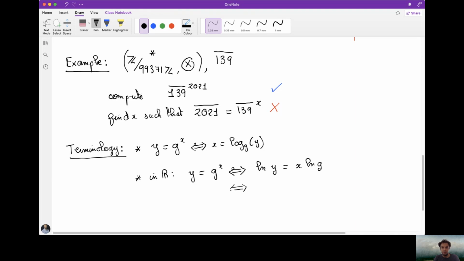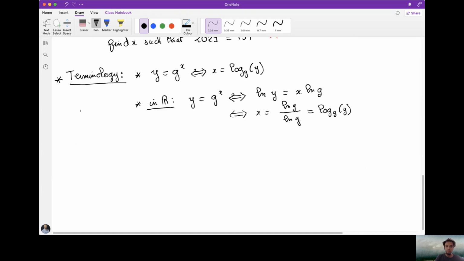Which is the same as saying that x is ln of y over ln of g, and that is in fact the definition of logarithm in base g of y. So by analogy with what happens in R, for any group, we will talk about x being the discrete logarithm of y in the base g. So that's the first thing, terminology.